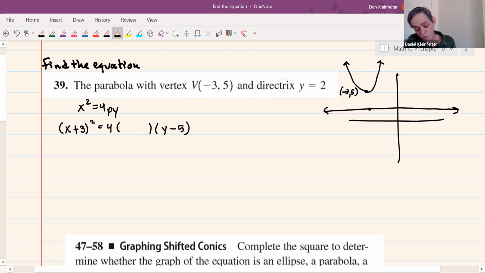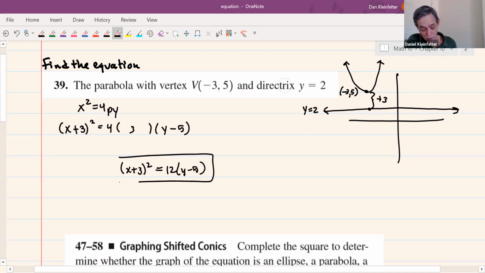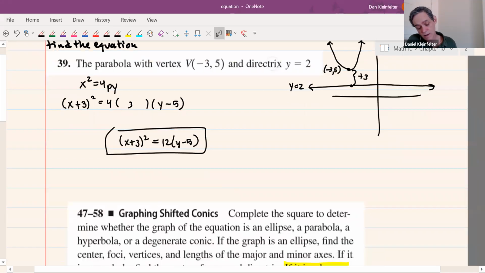All right, so the y coordinate for the directrix is going to be 2, so it's a distance of 3 units from the directrix to the vertex. So that was 3 for our p. So x plus 3 squared equals 12 times y minus 5. Okay, so there's our equation for the parabola.